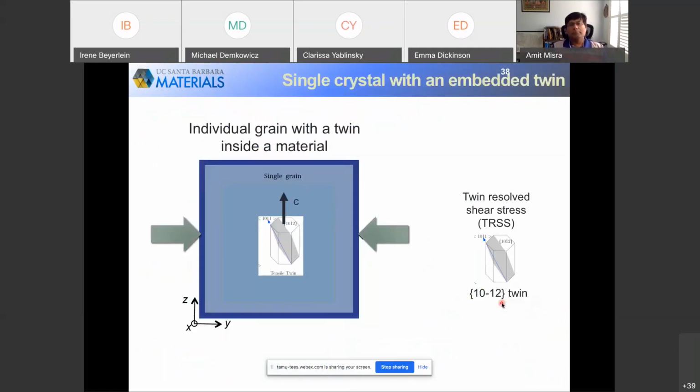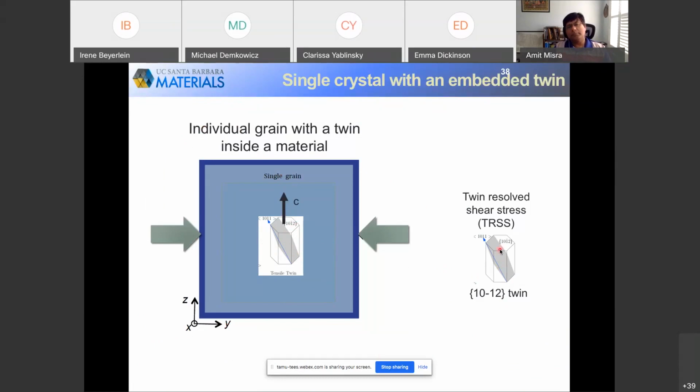So with this, I'm just going to give an example. This is a three-dimensional crystal. We have a single grain. We've kind of modeled the outside just to be some homogeneous polycrystal here, but we're going to focus on this one grain, and it's going to be a single crystal with its C-axis upwards.